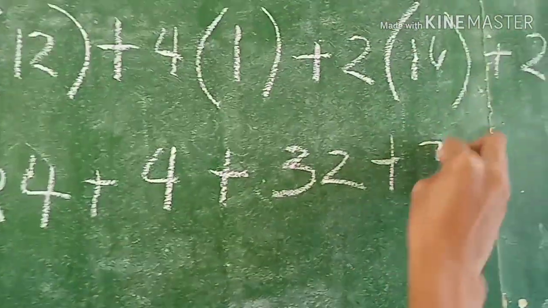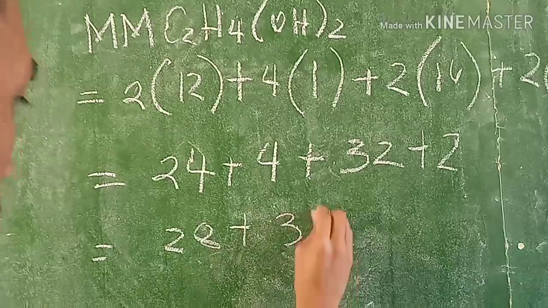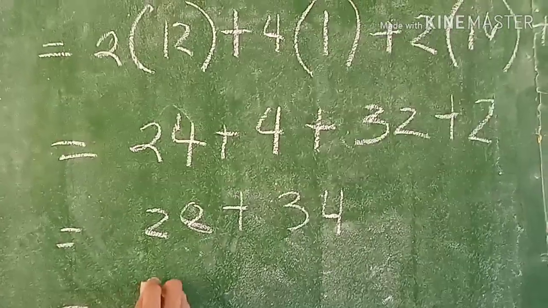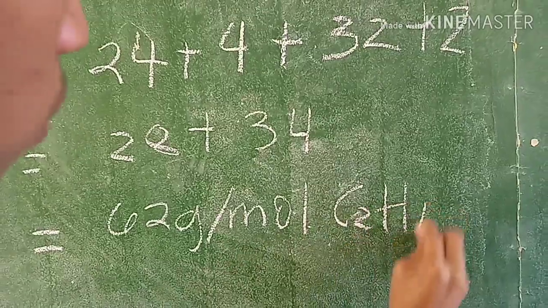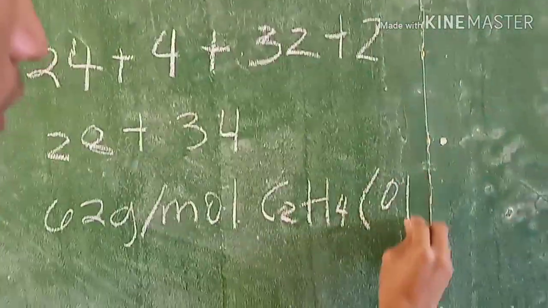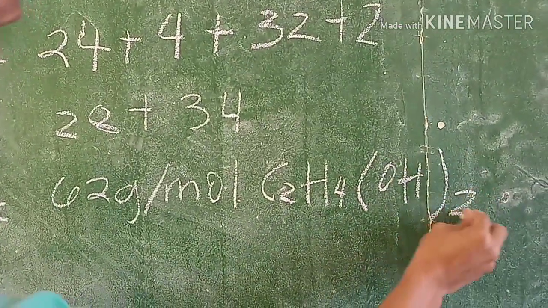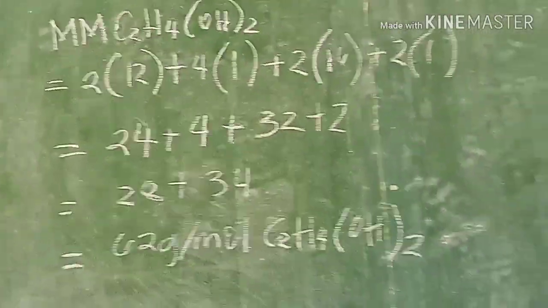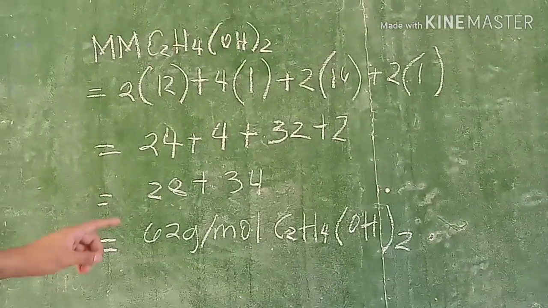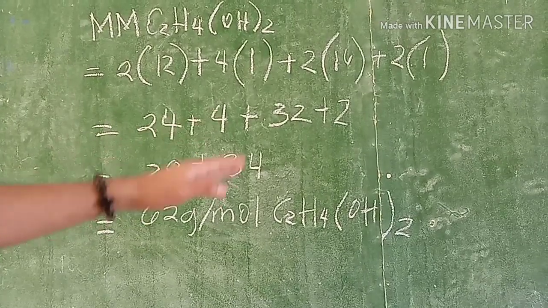Combine like terms, and the answer is 62 grams per mole of ethylene glycol. So the molar weight of ethylene glycol is 62 grams per mole.